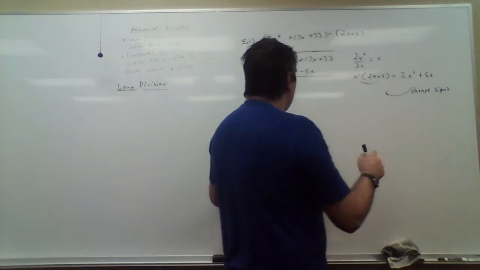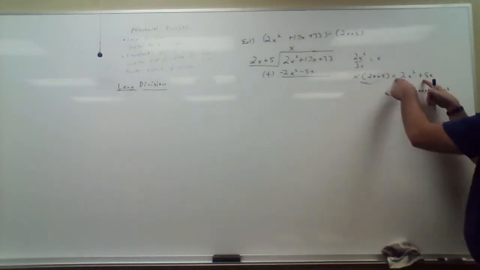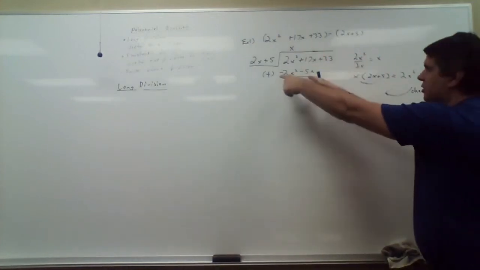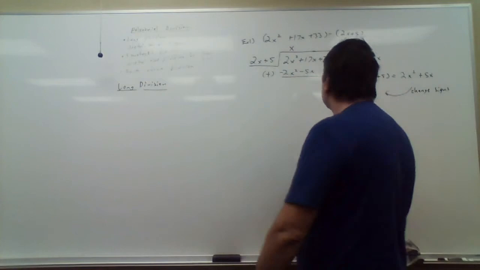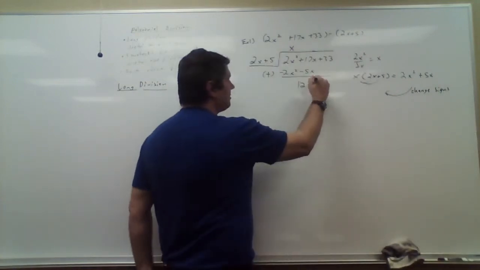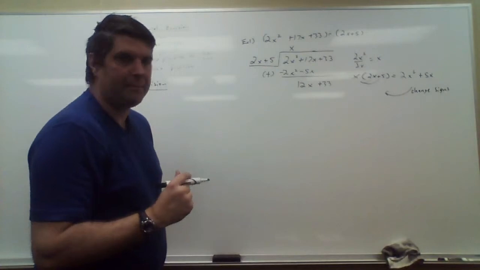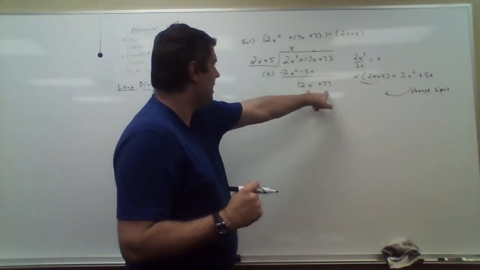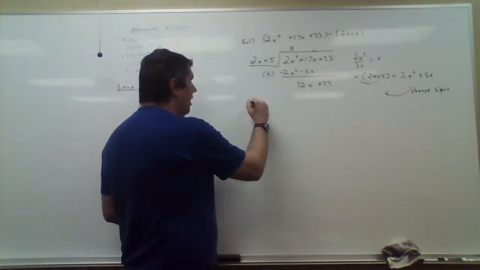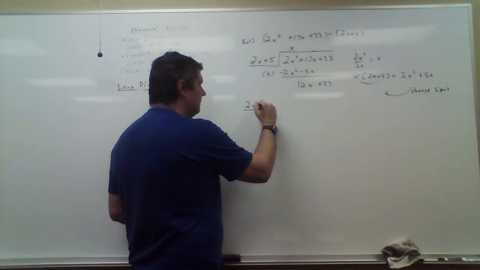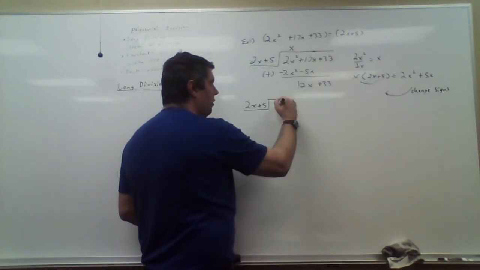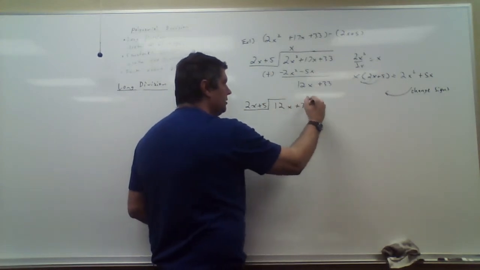So I had two positives. Now I have two negatives. This gives me 12x plus 33. My next step is to take this and set up a new box. So 2x plus 5. And this is going to go in a new box.